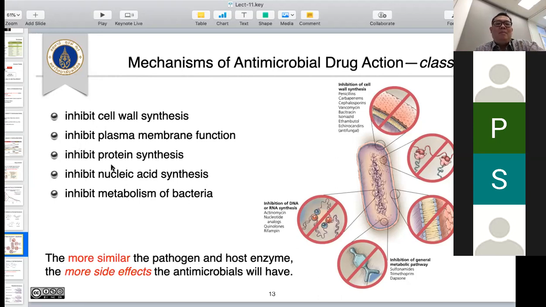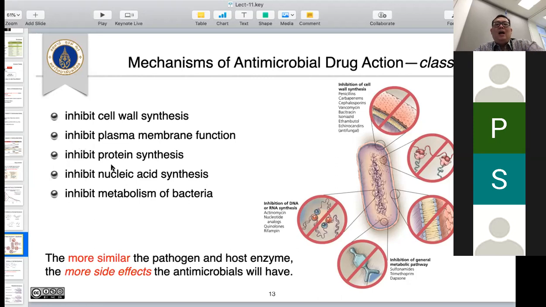Some drugs inhibit protein synthesis, so they stop bacteria from producing protein. Others inhibit nucleic acid synthesis, so they block bacteria from producing nucleic acid, for replication and transcription, and inhibit metabolism of bacteria, okay?